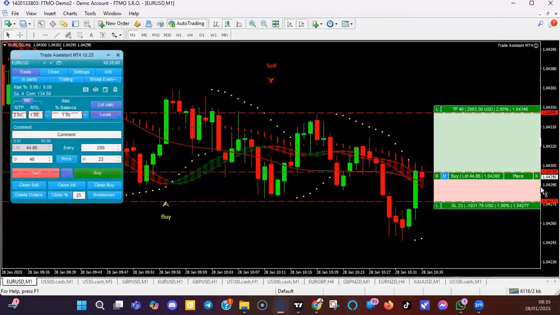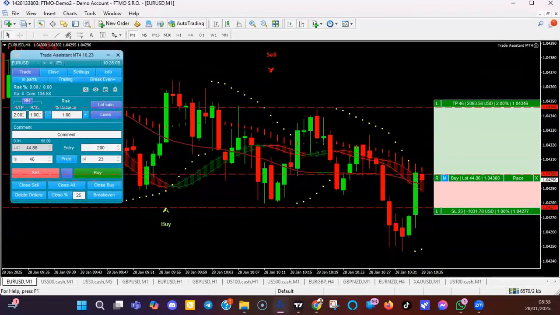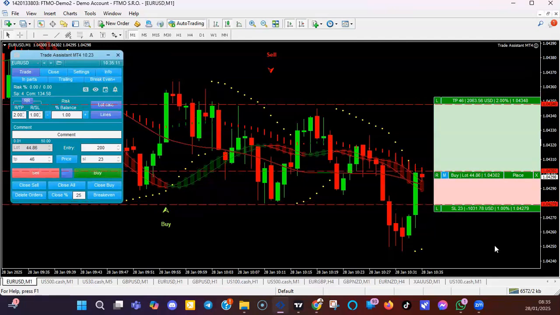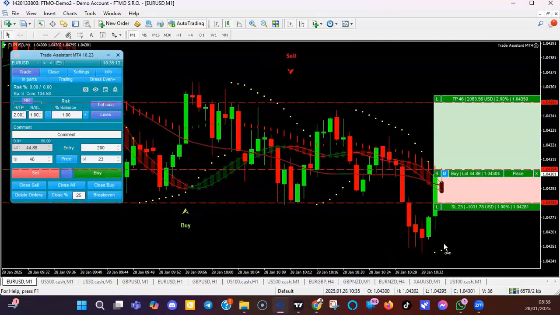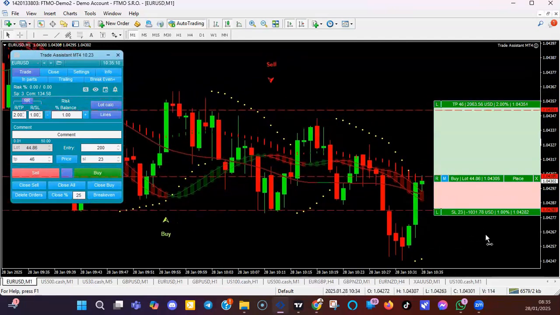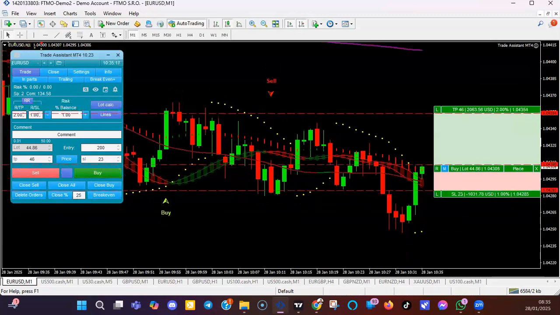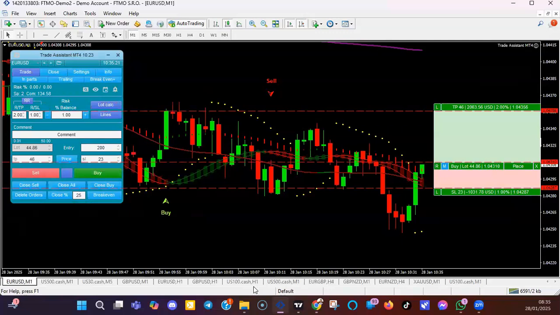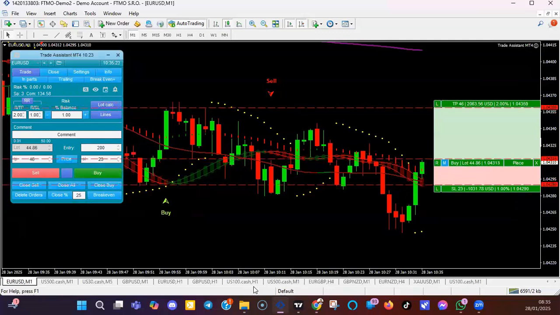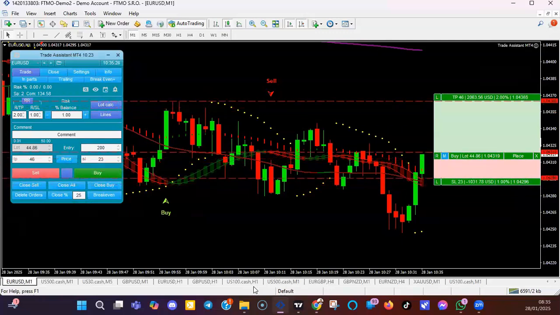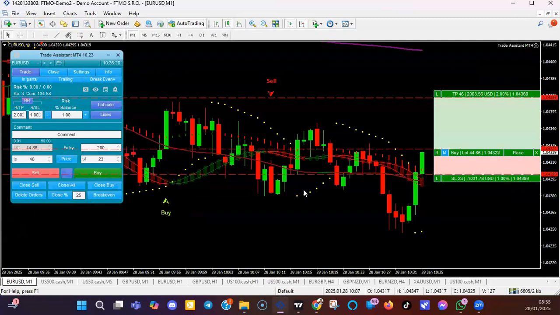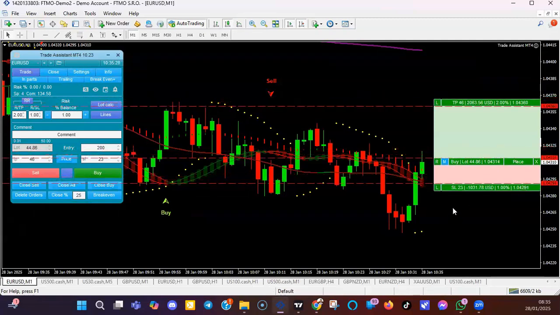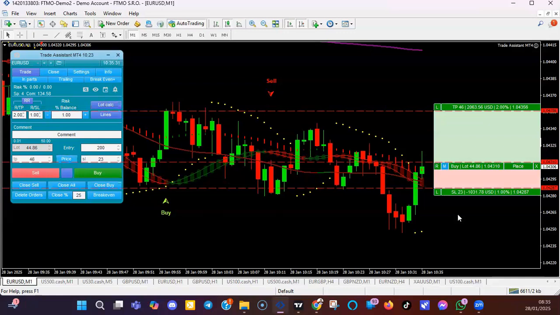Only interested in buys. So I'm back on my MT4. And we're back to where we were a few minutes ago. Now everything's red.